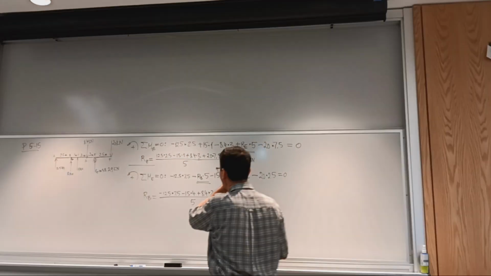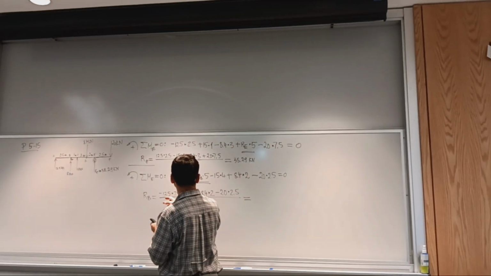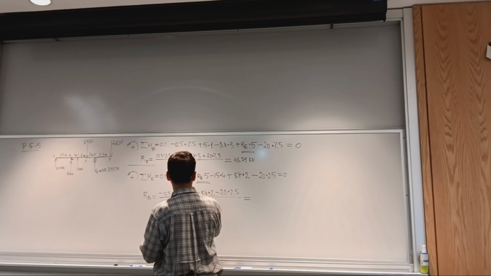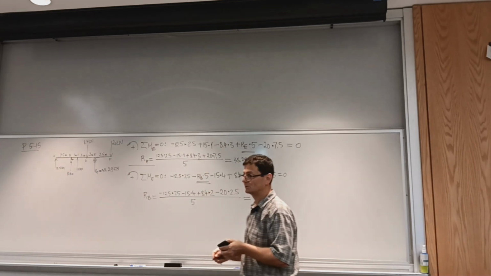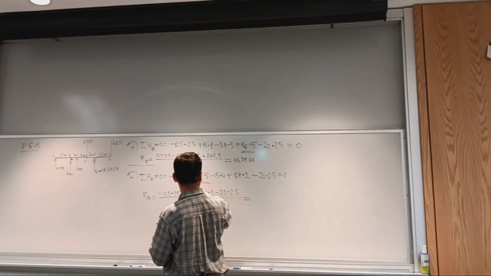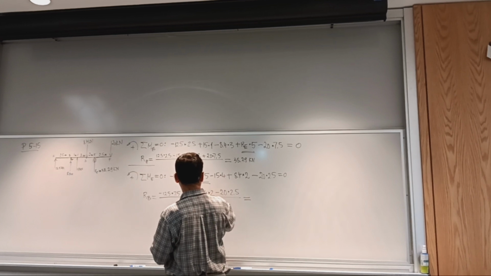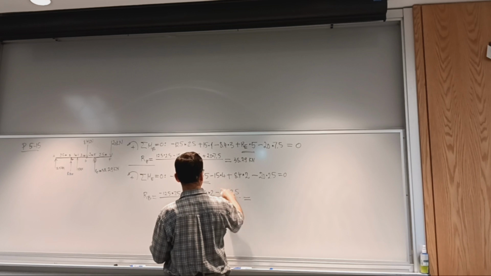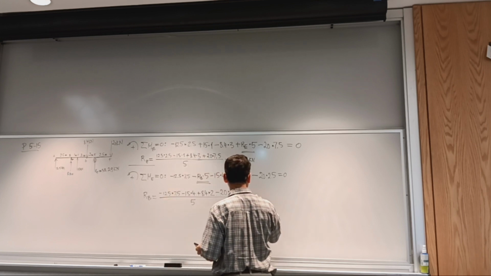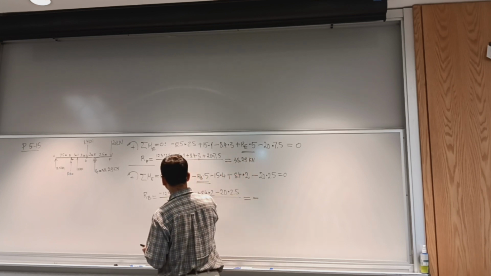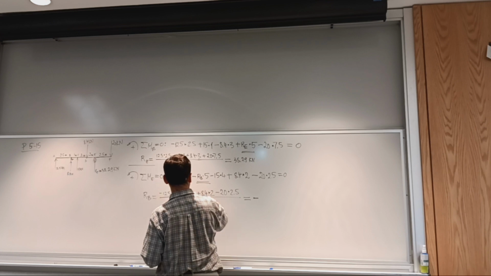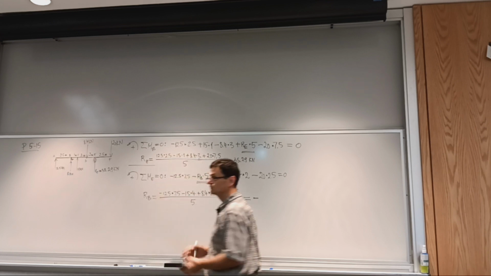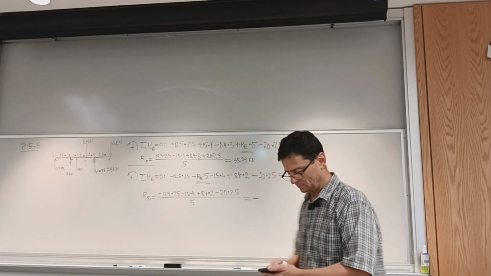So it's absolutely clear that this is going to be a negative value. Do you agree? This is 8.4 times 2, that's 16.8. And this is negative, and bigger, about 50 negative.